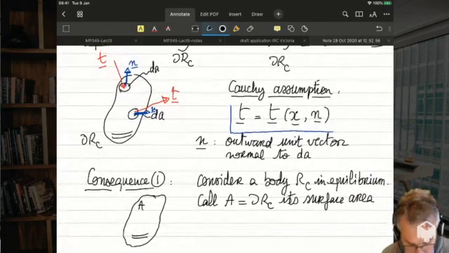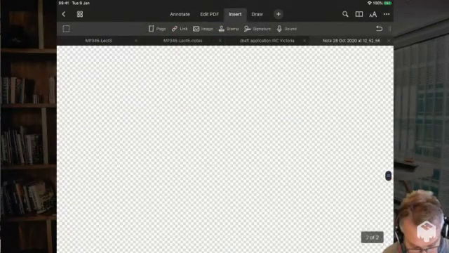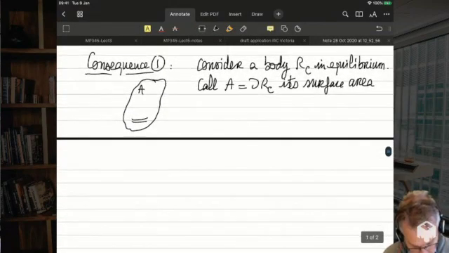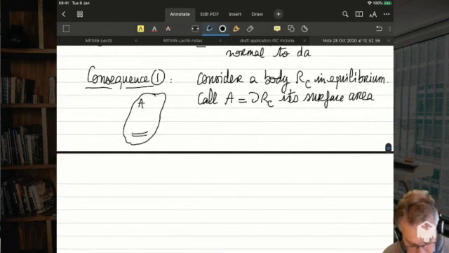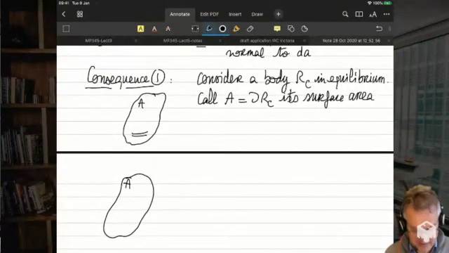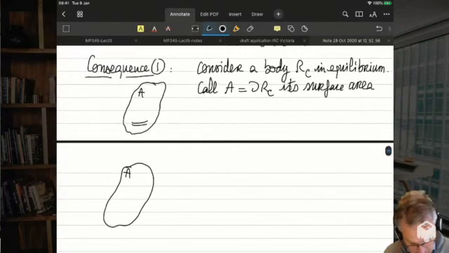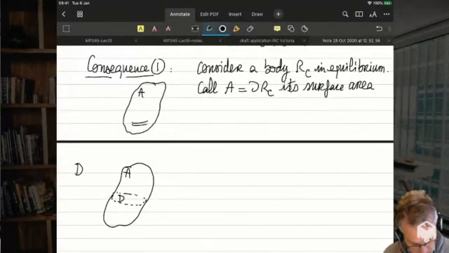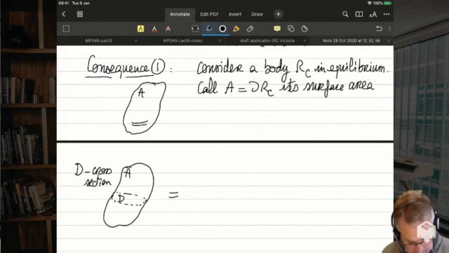Right, so I need a new page. So my potato here, surface area A, I could, in my mind at least, split it in two, right? I imagine that there's a cross section here of area D. And I can see that my body is the same as these two halves.